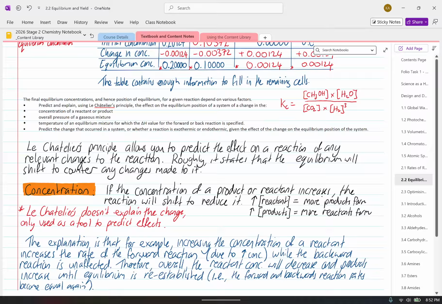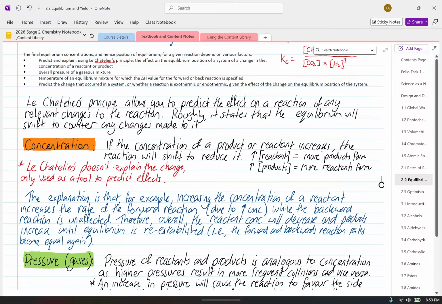So very roughly, I'm not going to give you the exact definition of it, but the rough definition is whatever changes occur to a reaction at equilibrium, the reaction is going to try and counter that change or reverse that change somewhat. Now, it's never going to reverse it perfectly or all the way back to what it was, but it's going to make some adjustments.